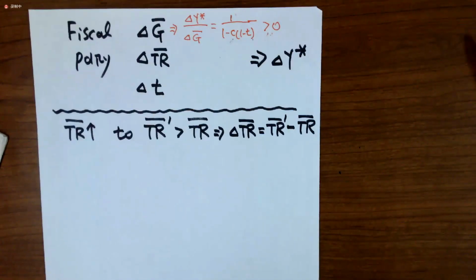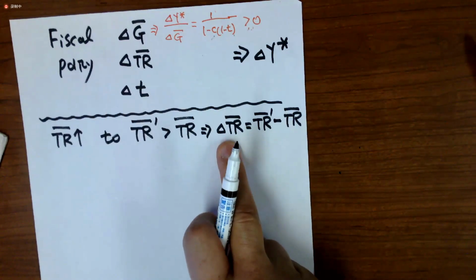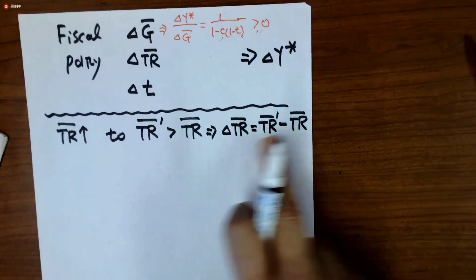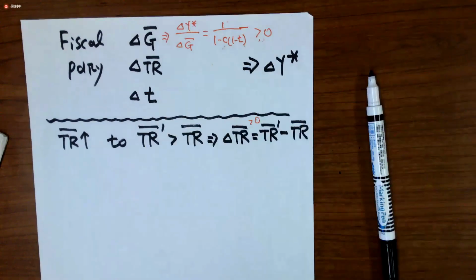Agree? Yes. So change in TR bar here, therefore, is going to be a positive number, right?